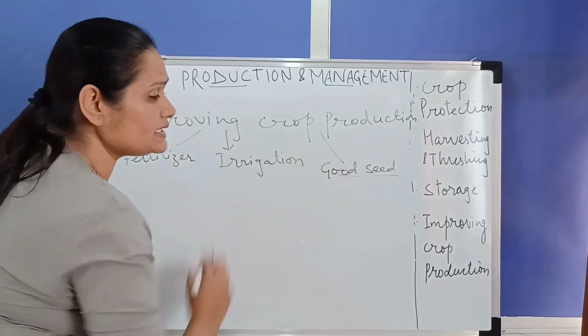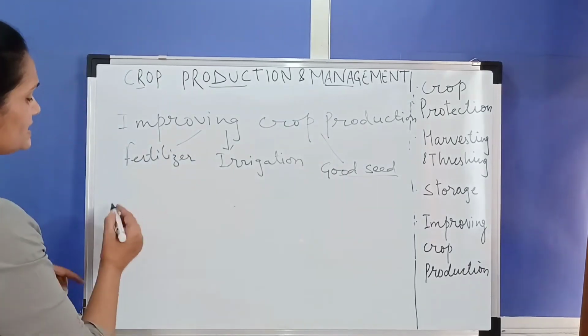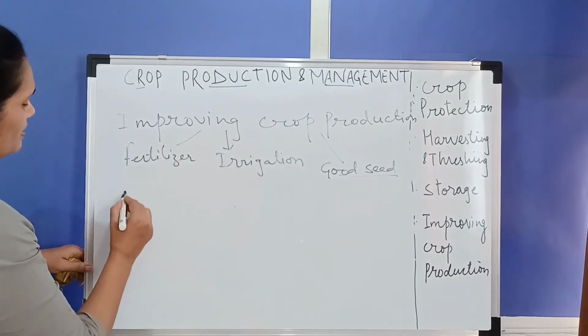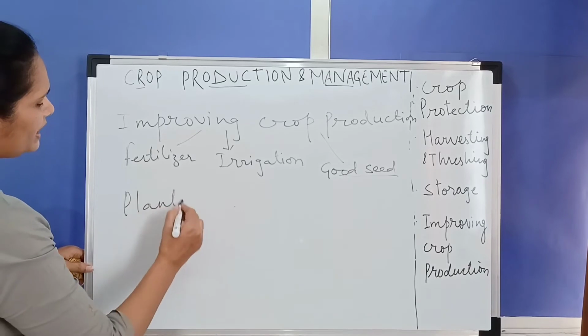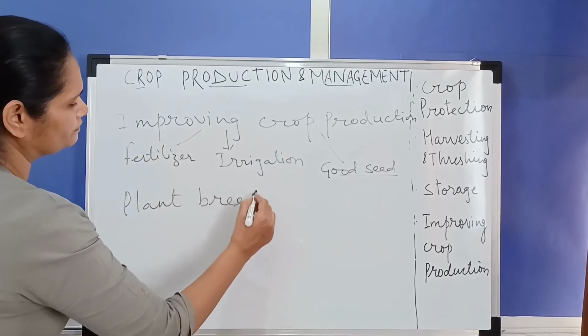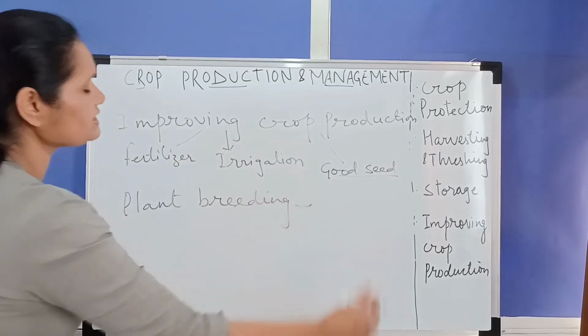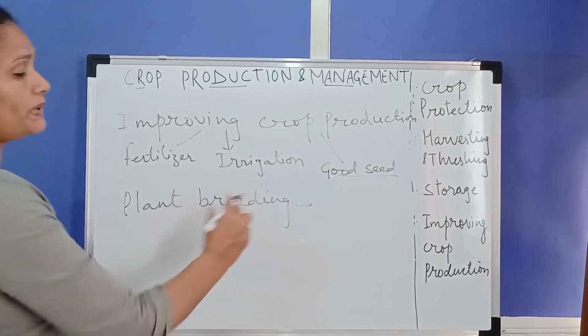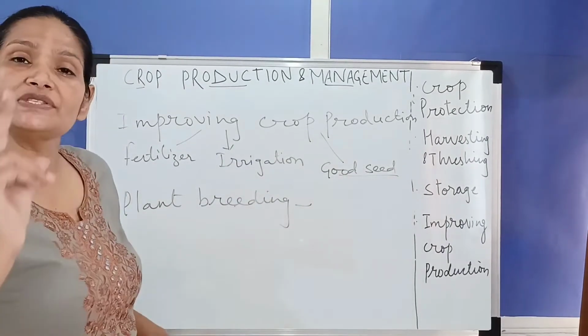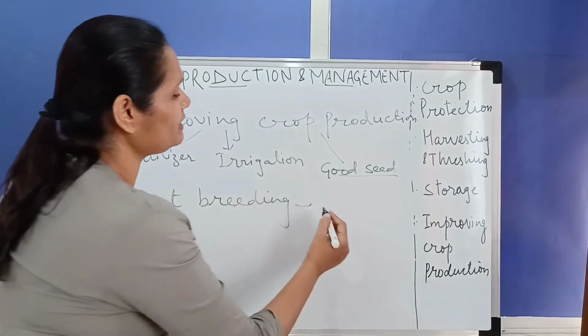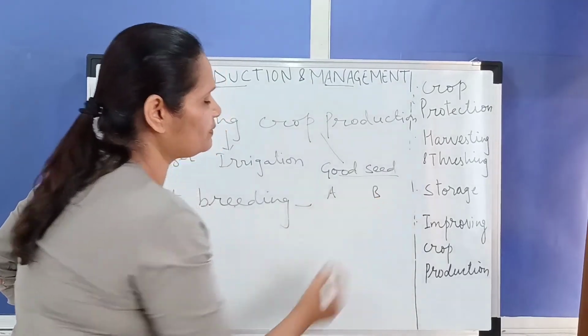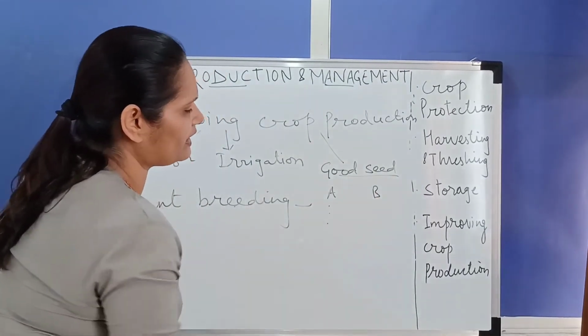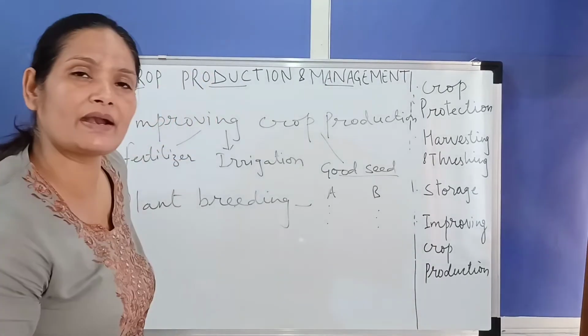Now seeds can be improved also. Yes, so how can they be improved? For that, plant breeding is done. Yes, what is plant breeding? Plant breeding is that two separate plants are taken, suppose plant A and plant B. Plant A has some good characteristics and plant B has some good characteristics.